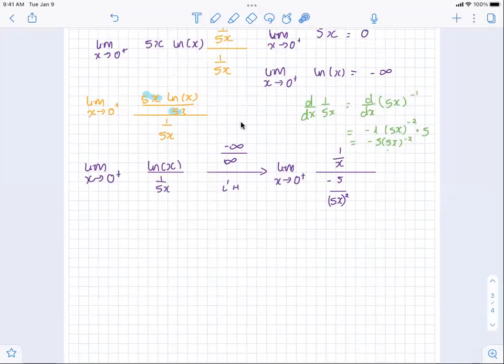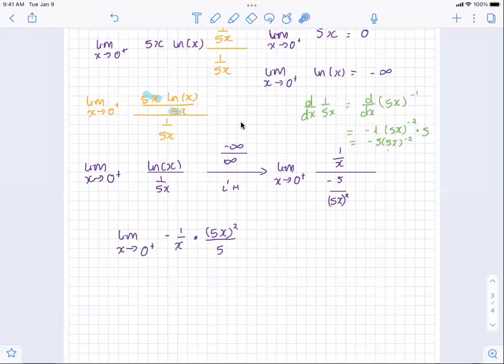Since you have a fraction divided by a fraction, the bottom fraction will be flipped, multiplying. So you get the same thing as the limit as x approaches 0 from the right-hand side of 1 over x multiplied by 5x squared divided by 5. And I'm not going to lose my negative, so I brought my negative out in front.